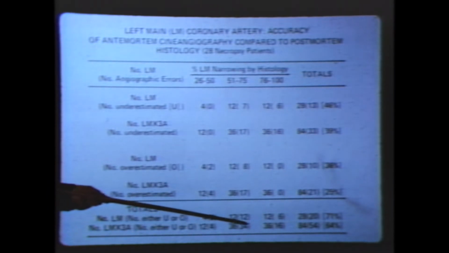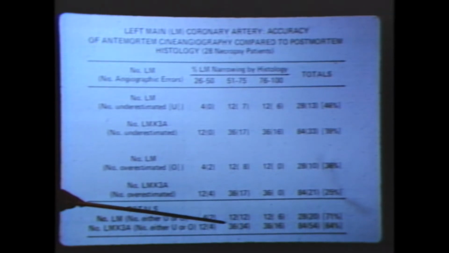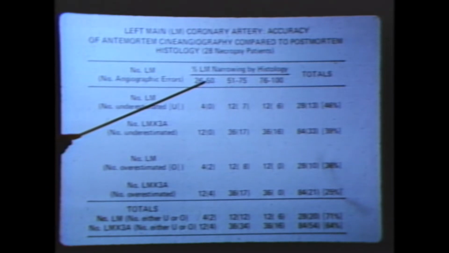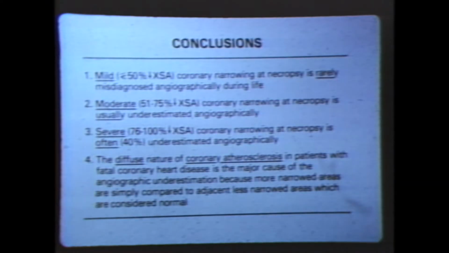All 12 were underestimated by 2 or 3 of 3 angiographers. There were 36 judgments, 34% of them were underestimates. There were even 4 arteries which were narrowed minimally, 26 to 50%, and 2 of them were overestimated. So the point of this is that left main narrowing is a tough artery to really read accurately.